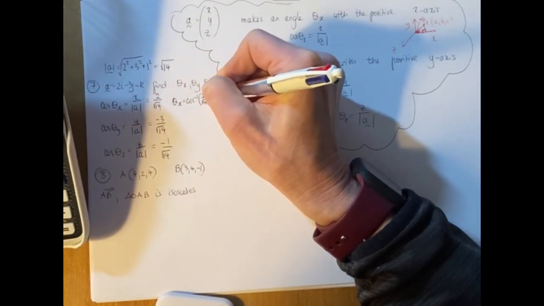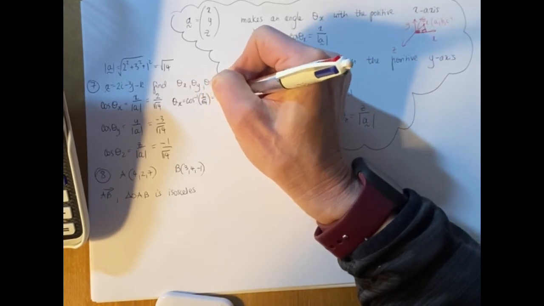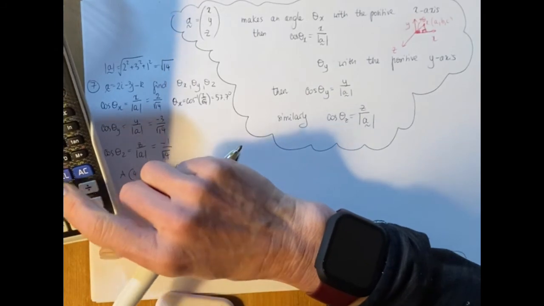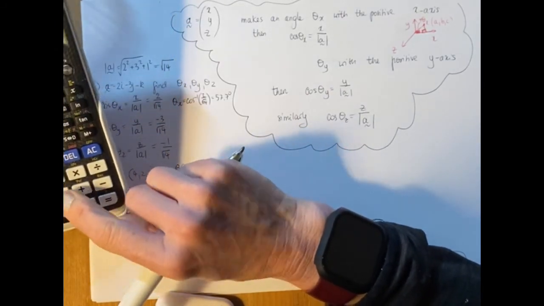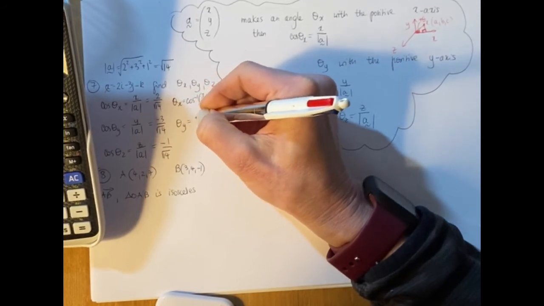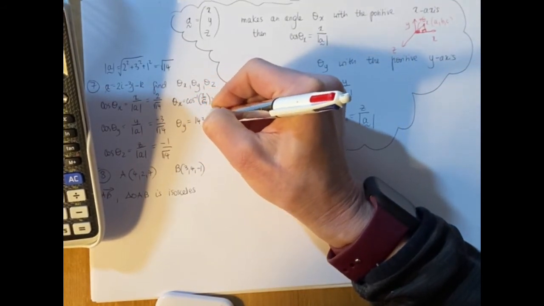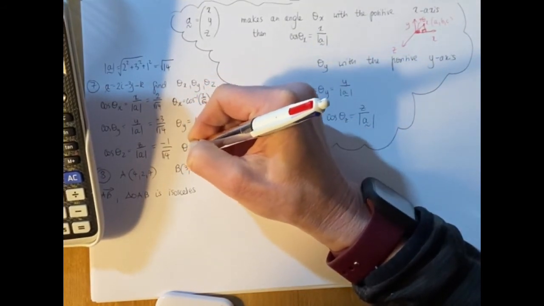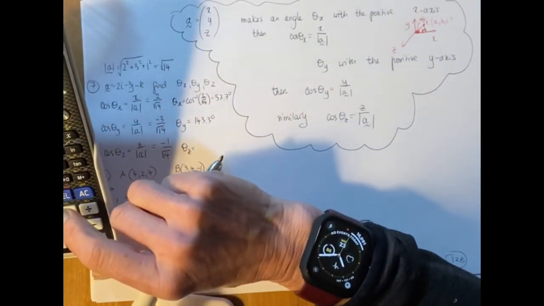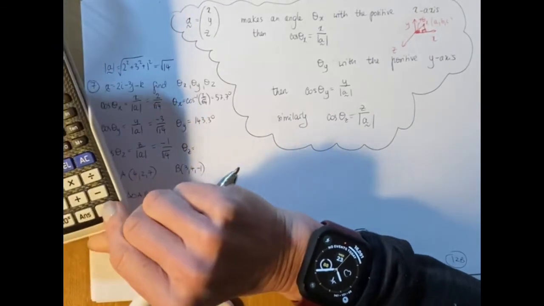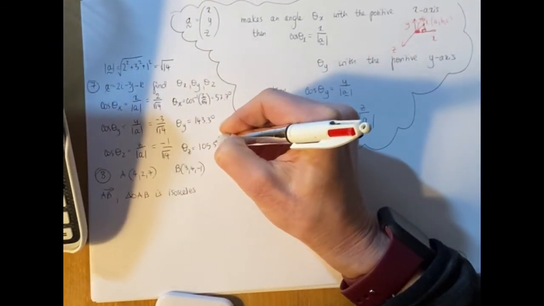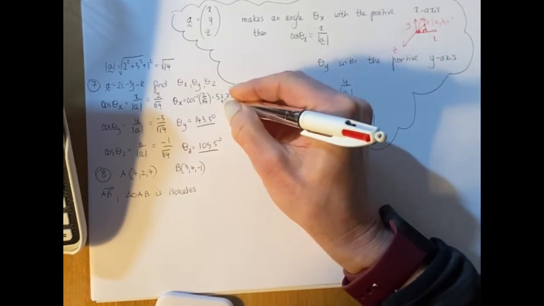That gives us the angle 57.7 degrees. The next one is going to be cos inverse of minus 3 over root 14. That's an obtuse angle, which is 143.3 degrees. And then the last one, again, is an obtuse angle, which is 105.5 degrees to 1 decimal place.